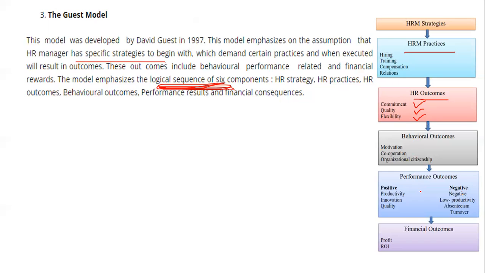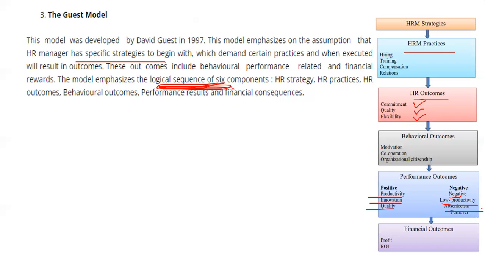First, let us look at behavioral outcomes: motivation, cooperation, and organizational citizenship. That is from the behavior point of view. From the performance point of view, it can be positive or negative. When we talk about positive, it is productivity, innovation, and quality. When we talk about negative, it is low productivity, absenteeism, and turnover.